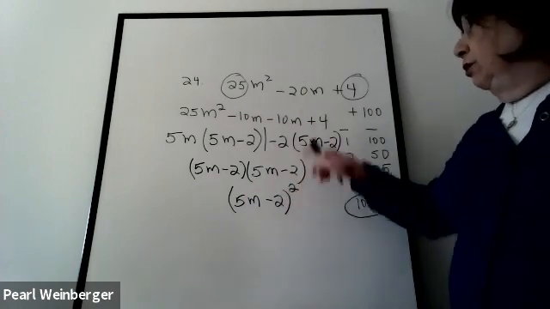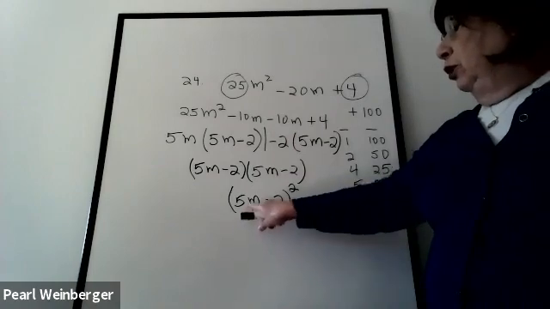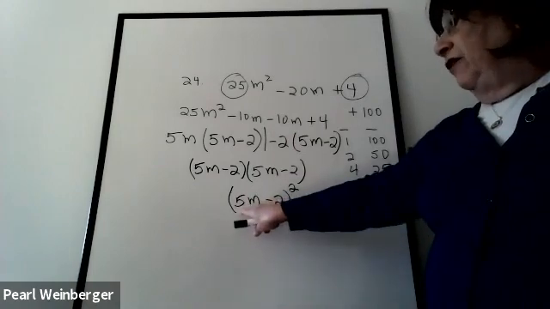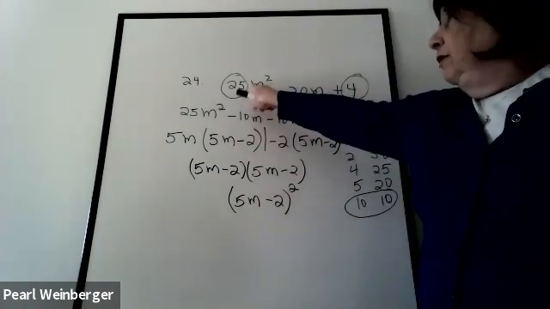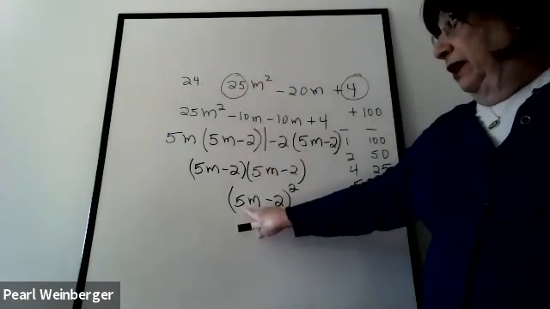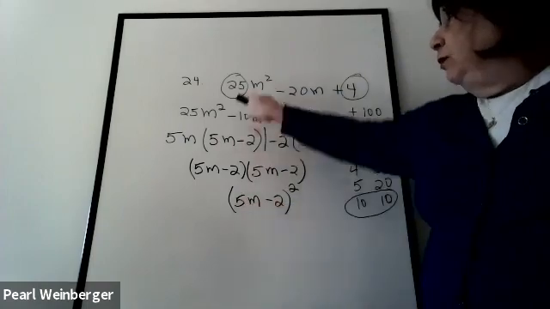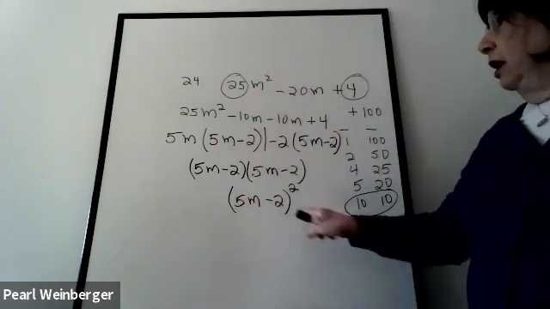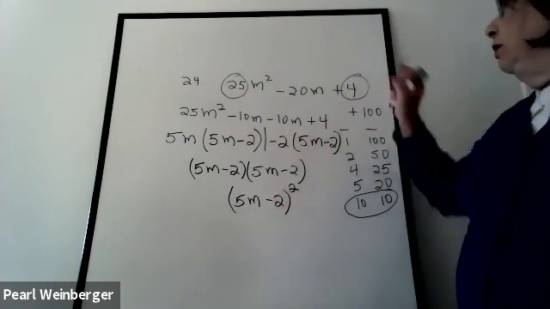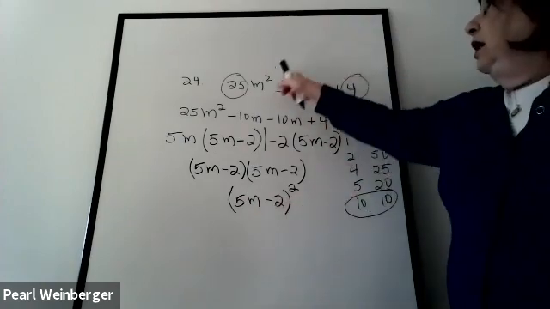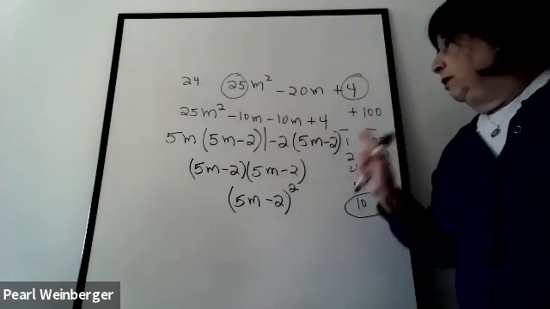Notice, if you look back at it, when you have a binomial squared like 5m minus 2 squared, the first term of your trinomial was the 5m squared, 5m times 5m, which was 25m squared. The last term squared, negative 2 times negative 2, gave you the positive 4. Where does this negative 20m come from?